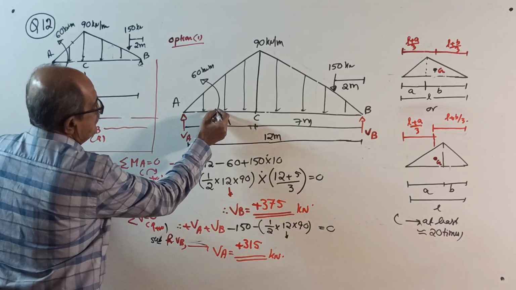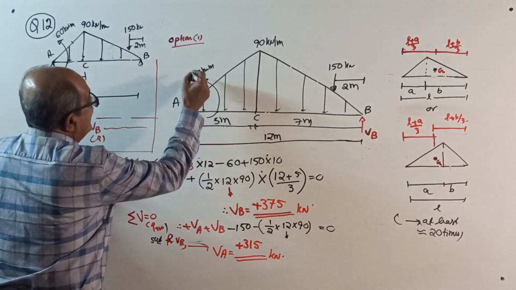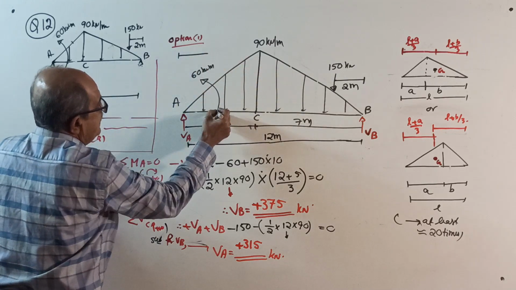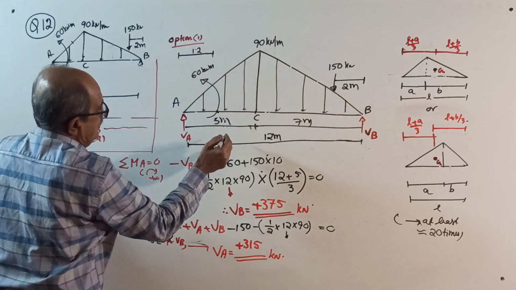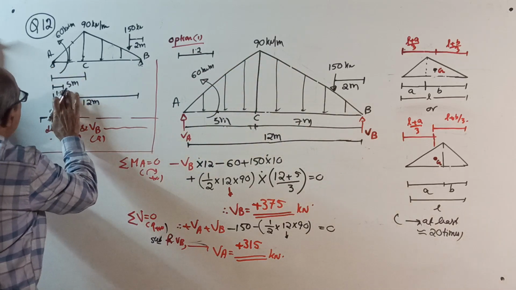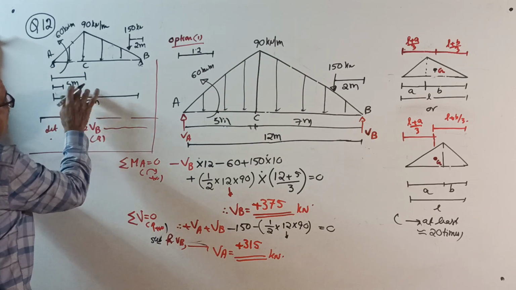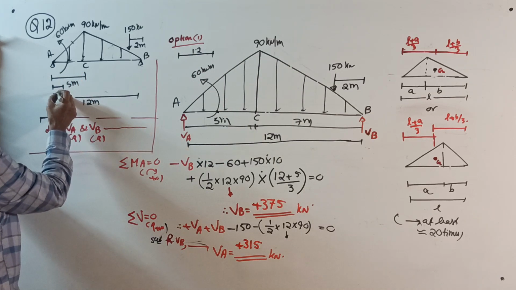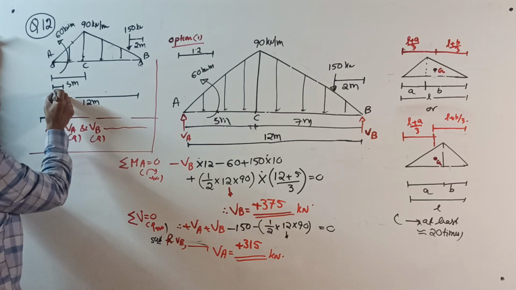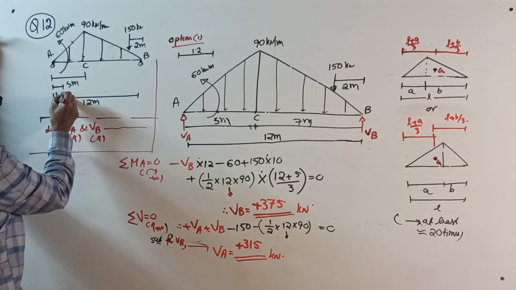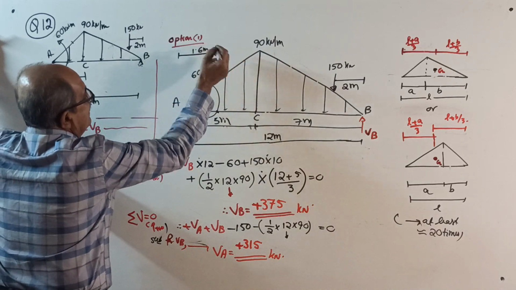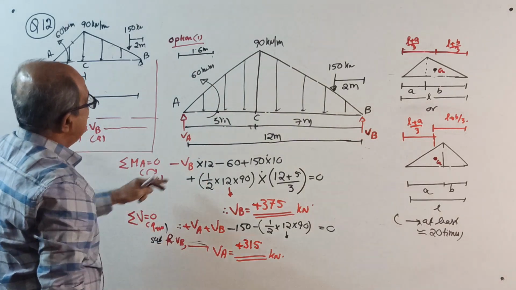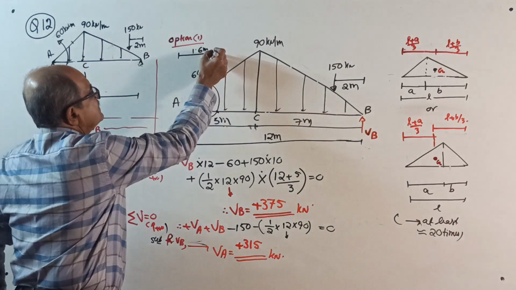So this is out of scale, no problem, hardly matters. The couple point here, actually 1.2 means it will come this side. Make it 1.6 meter, because of scale problem. The distance does not matter actually.